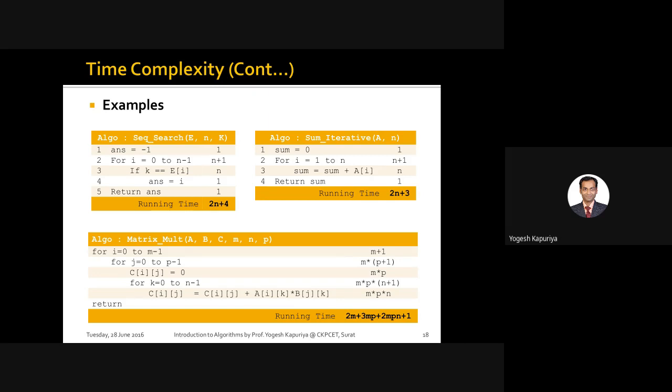Now tell me how many times line number 4 will be executed for this particular case. 5 times, obviously, because every time statement number 3 will be true. So what I mean to say is, this is wrong. You can't say that this will be executed once.